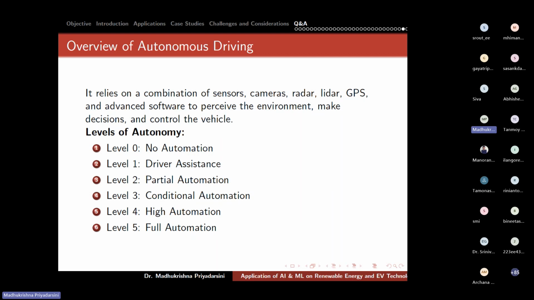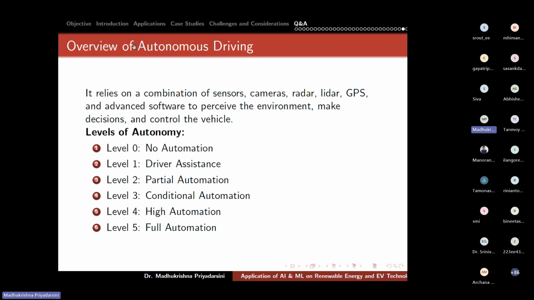All these things happen through protocols only. So that is high automation. And full automation, till now this part is not developed. It is under research, and how the implementation will be done, we do not know, because it is not available in the market.